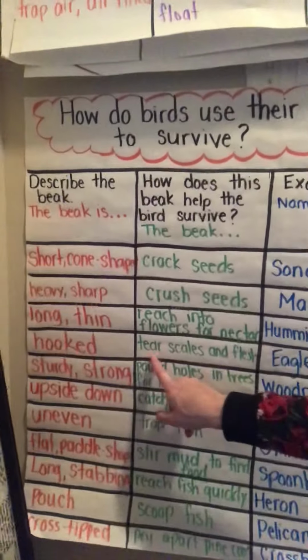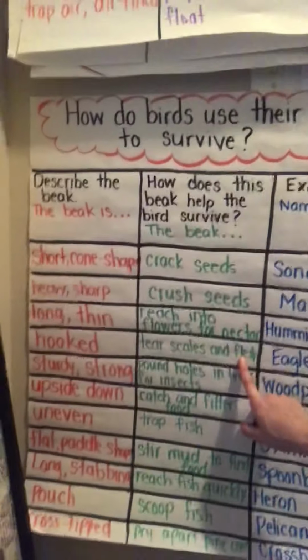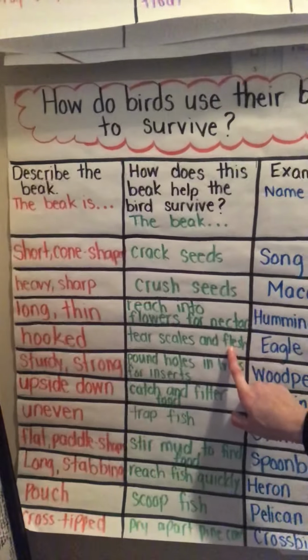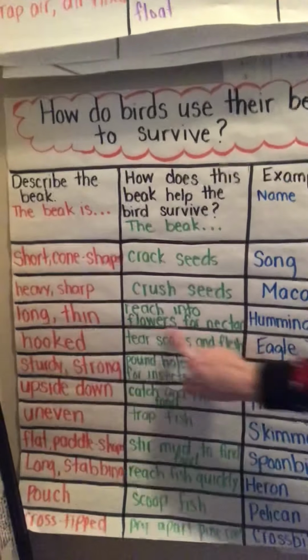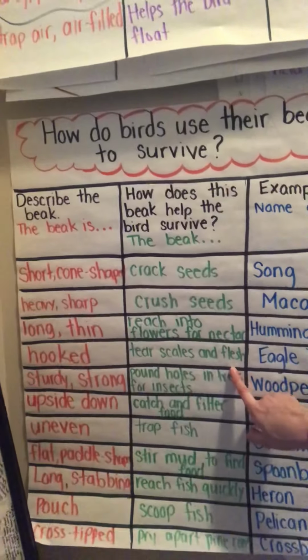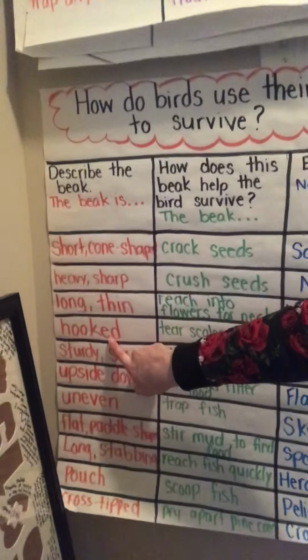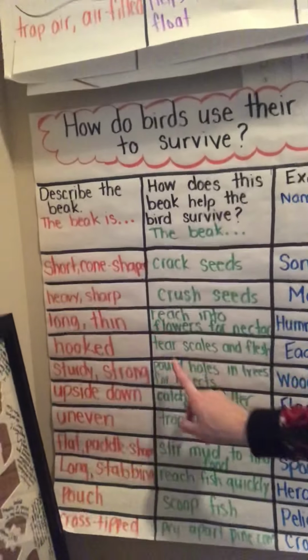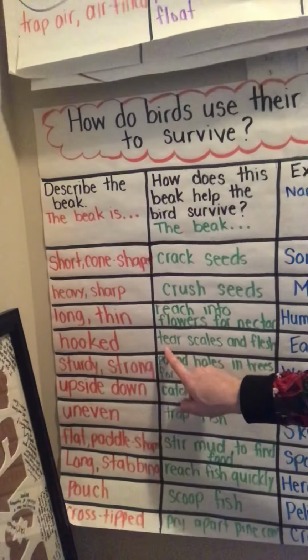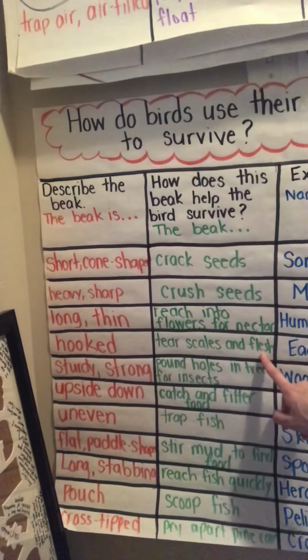And again, is tear scales and flesh a complete sentence? No, it's not. So I need to turn this into a sentence. After saying some birds have hooked beaks, I can then say these beaks are used to tear scales and flesh.